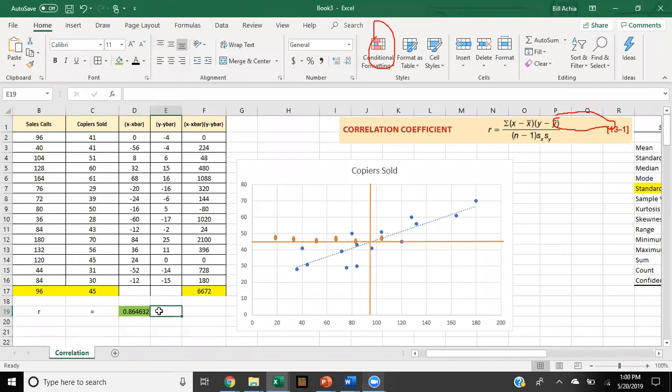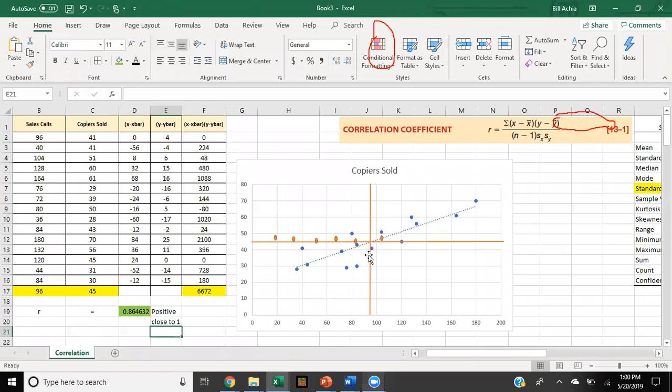So these are the things I know about the number: the number is positive, and it's close to 1. Okay, so with those two pieces of information, I can go ahead and summarize this and say that the correlation coefficient shows a very strong positive relationship between the number of sales calls made and the number of copiers sold.